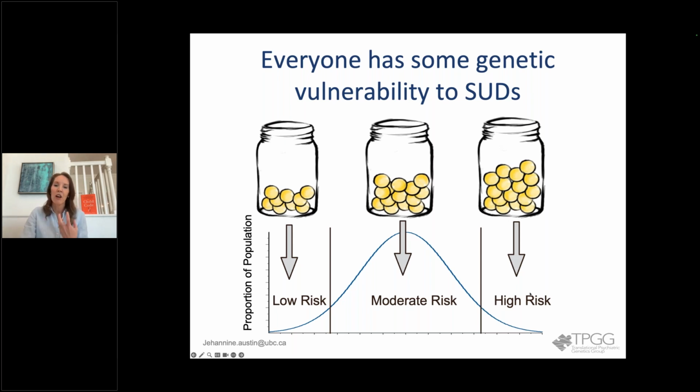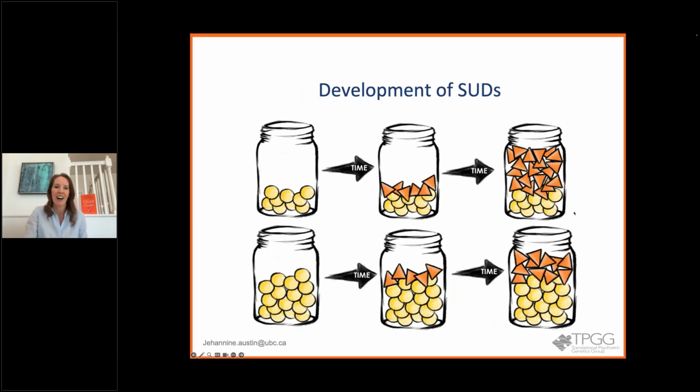So individuals with higher genetic risk, we might think of as carrying more of those genetic risk factors. Moderate risk here, slightly less, and low risk might have a few, but a long way to go before you develop problems. And then, of course, what happens is that over time, we accumulate environmental stressors as well.